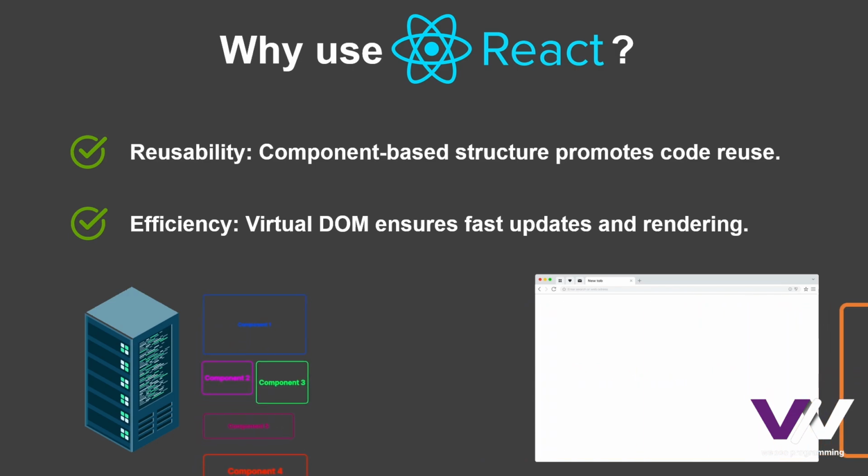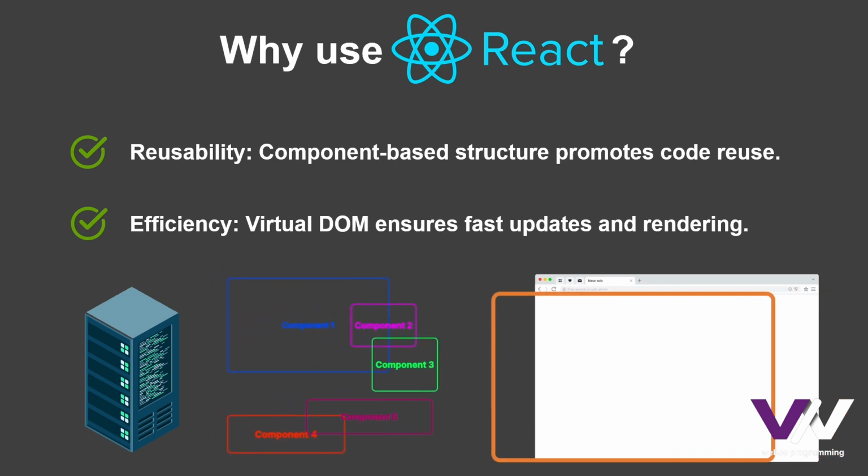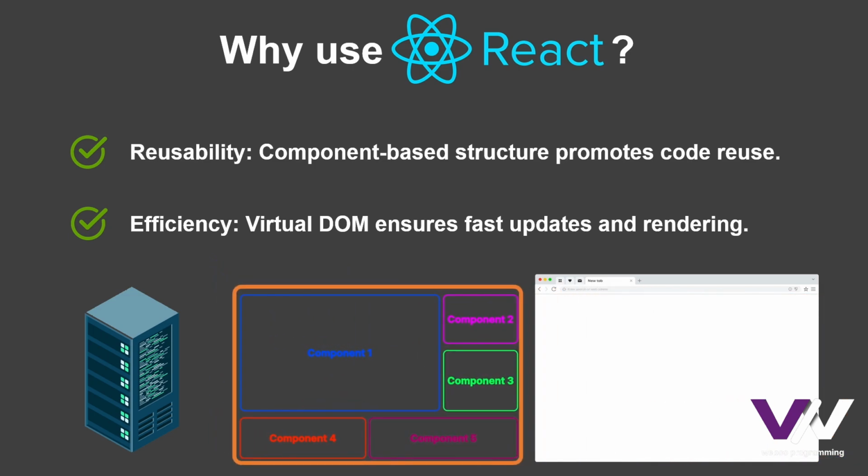But in the case that we use component-based structures, the server is going to send these components to the client side, but because these are separate components, first the client's browser is going to create this virtual DOM that you see right here and put all of the components in their own places that we decided and coded.